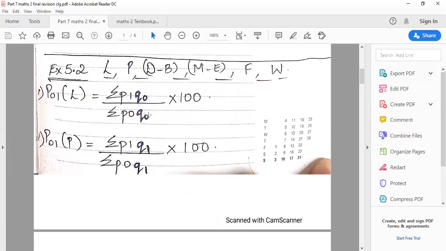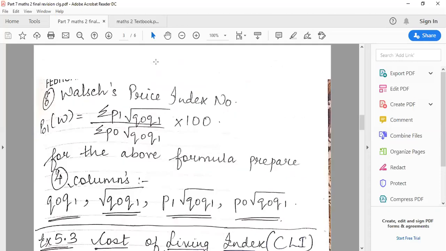So first you'll prepare Laspeyres numerator and Laspeyres denominator. Then the next 2 columns will be P1 Q1 and P0 Q1. Once you prepare these 4 columns, you can move forward with the sum, do the totaling, and then apply the respective formulas to solve the sum. So that was the 5 developers' formula.